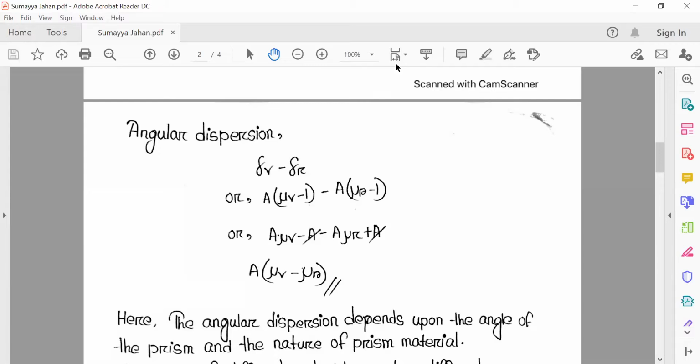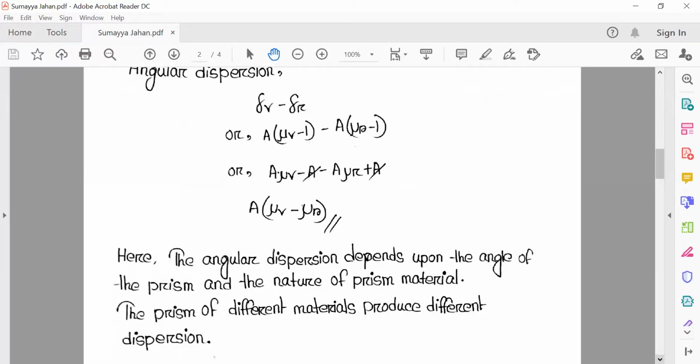So here we multiply: A mu V minus A minus A mu R plus A. So minus A and plus A will cancel out. The remainder will be A into mu V minus mu R. So here we can see the angular dispersion depends upon the angle of the prism and the nature of the prism material. Prisms of different materials produce different dispersion.